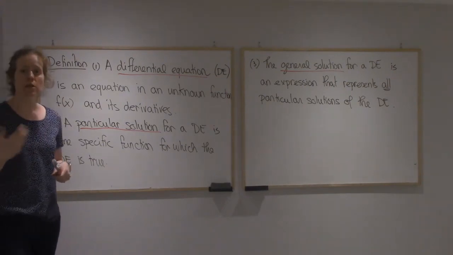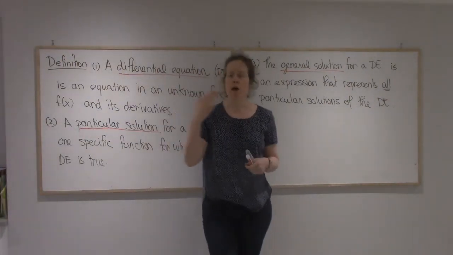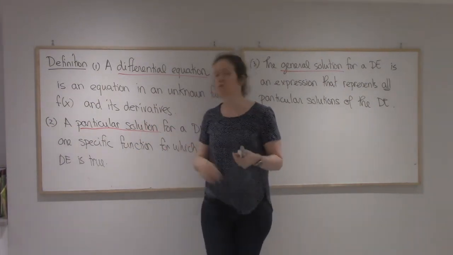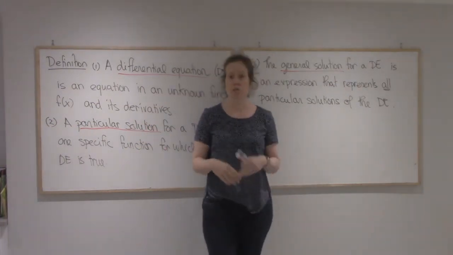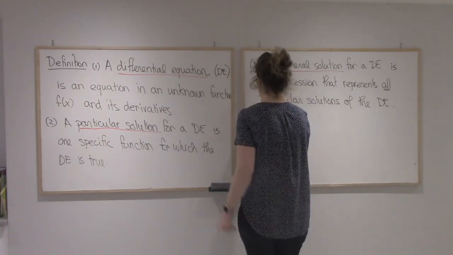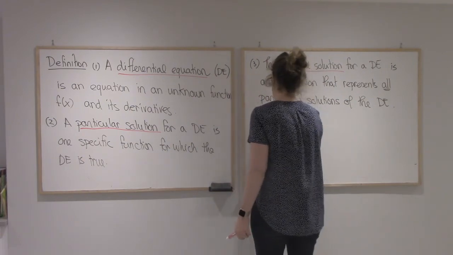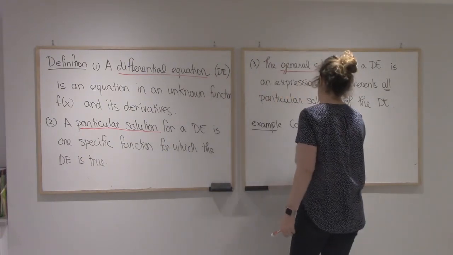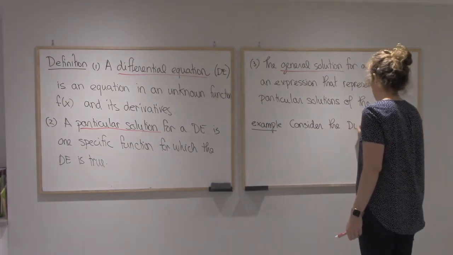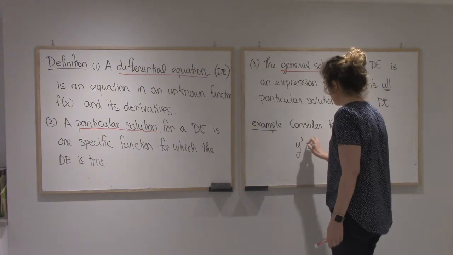Alright, so what I want to do is give you a differential equation just so you can see what it looks like, and then I'll give you a particular solution and I'll give you the general solution so you can see what the difference is. So I want y prime.